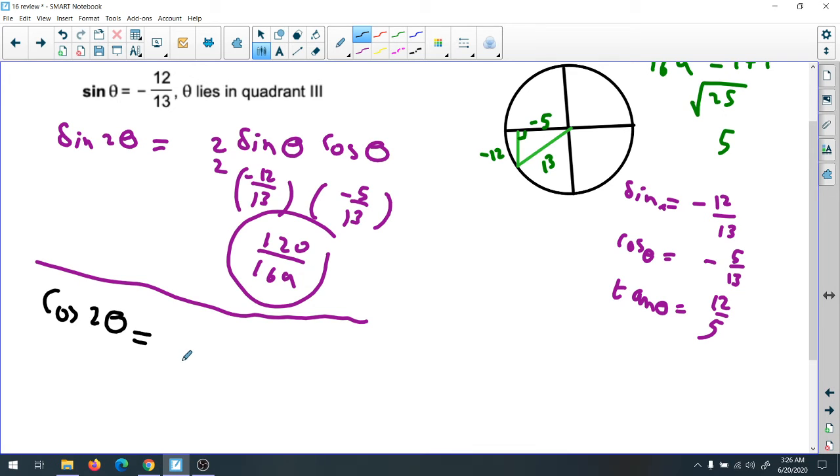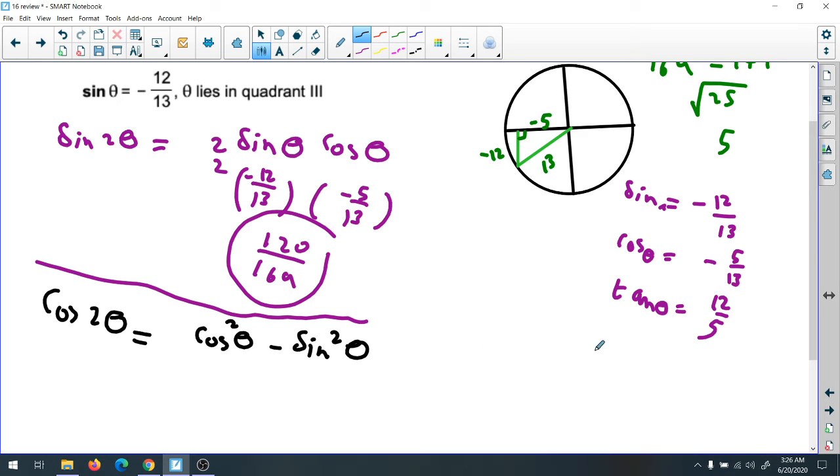One of them is cosine squared minus sine squared. Or it's 1 minus 2 sine squared, or it's 2 cosine squared minus 1. Any one will be applicable. So cosine squared minus sine squared.